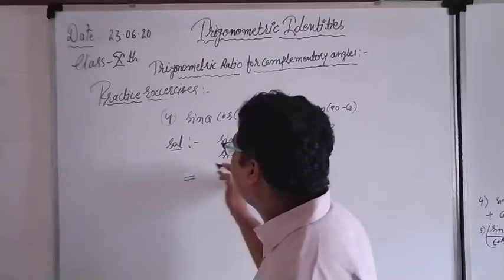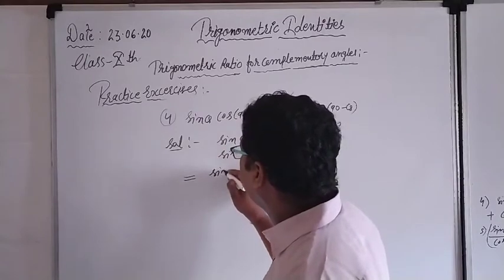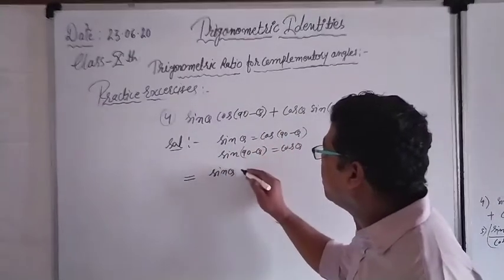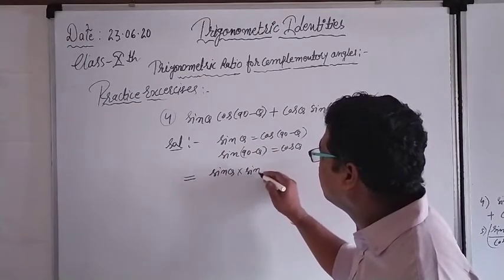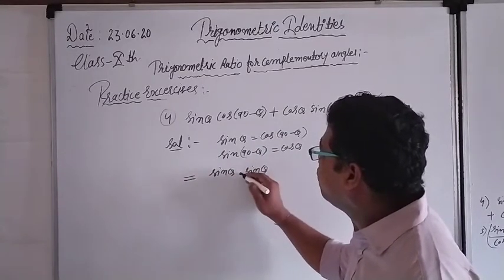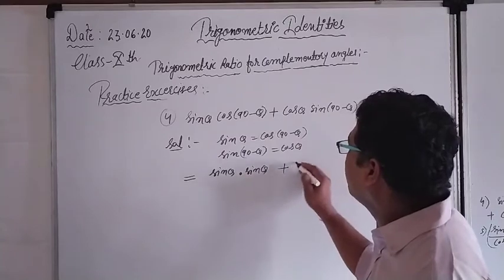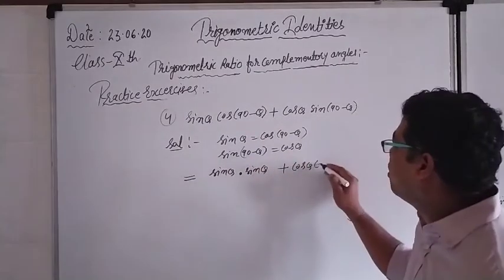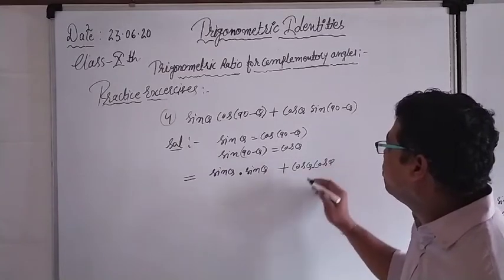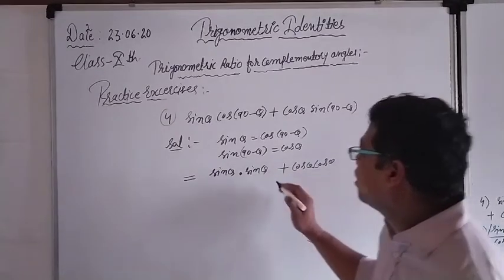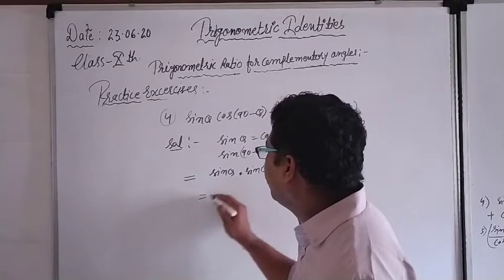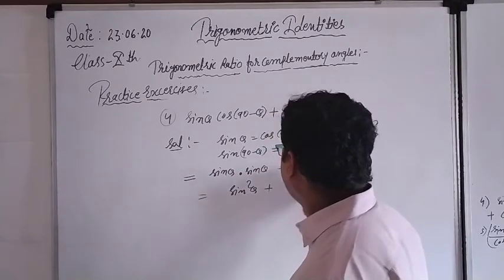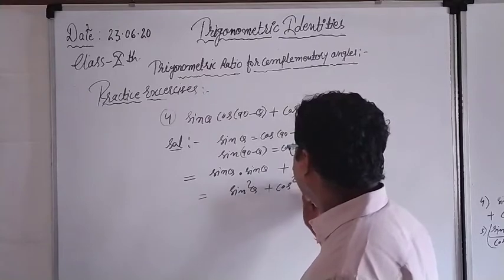Now we will fill in the values. Sine theta stays sine theta, and cos of 90 minus theta you can write as sine theta. So sine theta into sine theta, plus cos theta is cos theta, and sine of 90 minus theta is equal to cos theta. Sine theta times sine theta gives sine square theta, and cos theta times cos theta gives cos square theta.